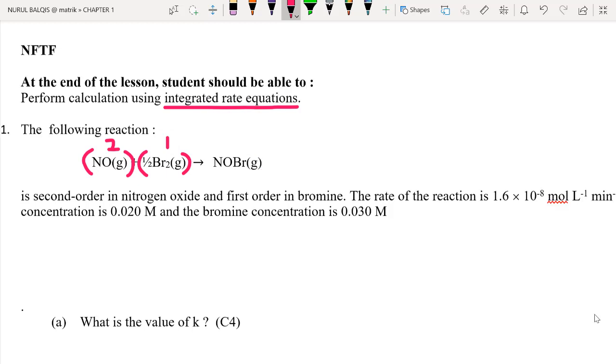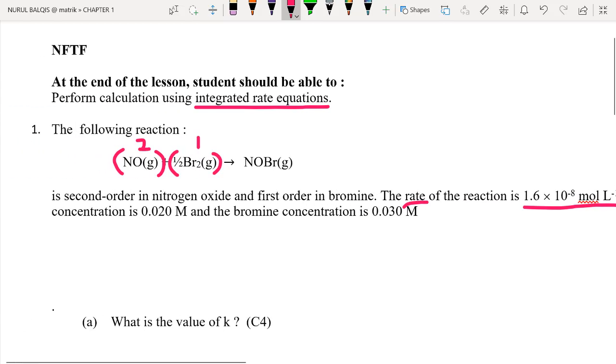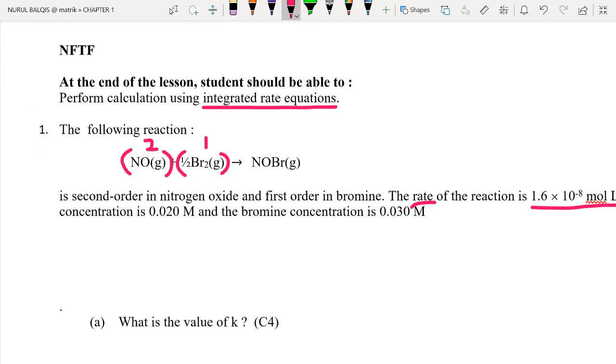Another piece of information given here is the rate of reaction, which is 1.6 × 10^-8 mole per liter per minute when the nitrogen oxide concentration is 0.020. That means we got another piece of information here, which is the concentration of nitrogen oxide, 0.020 molar.